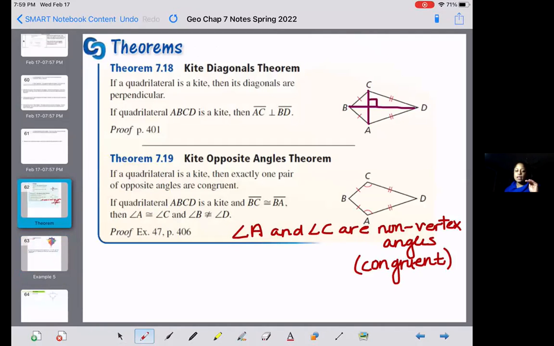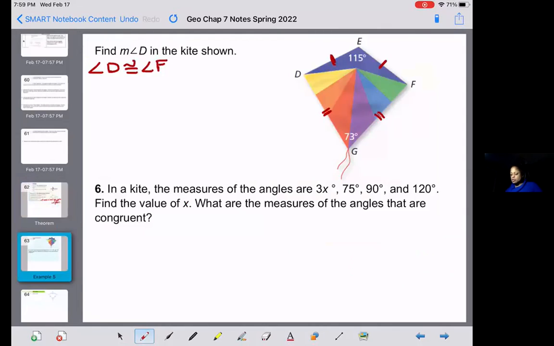Okay, so it says exactly one pair of opposite angles are congruent. The other ones aren't congruent. It's only the non-vertex angles. All right, so angle D is congruent to angle F, and we know that this thing is a quadrilateral, so all of these angles add up to 360 degrees because that's how it is for all quadrilaterals. So I can do a little equation.